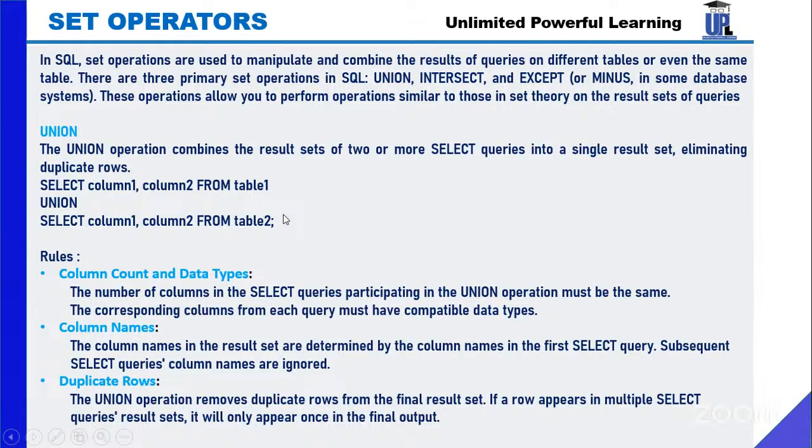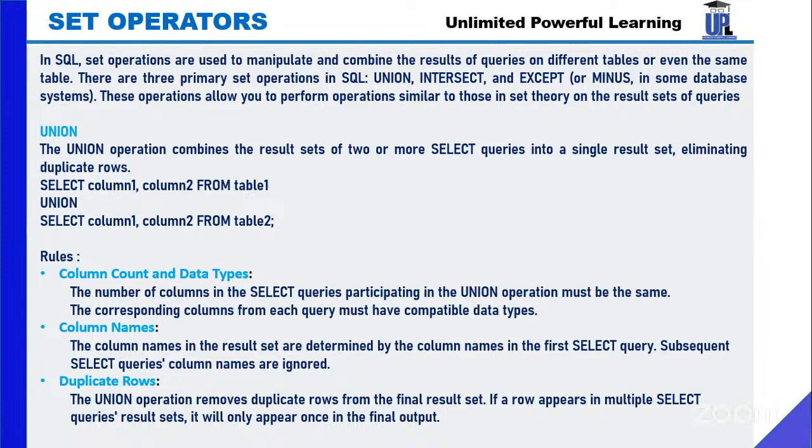To merge them, the column data types should remain the same, and the number of columns should also remain the same. If you have column 1 and column 2 here and column 3 and column 4 in the other table, with the data types the same, then only the column 1 and column 2 names will be visible, not the column 3 or column 4 names of the other table.